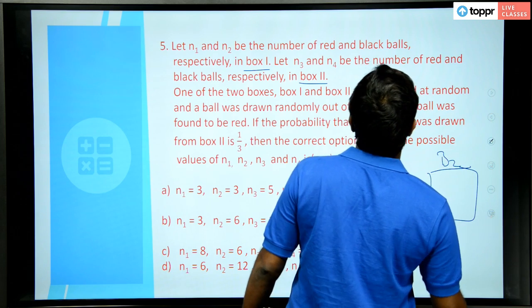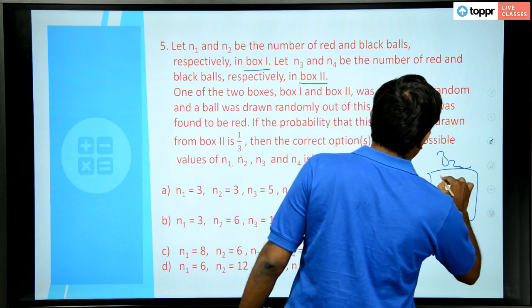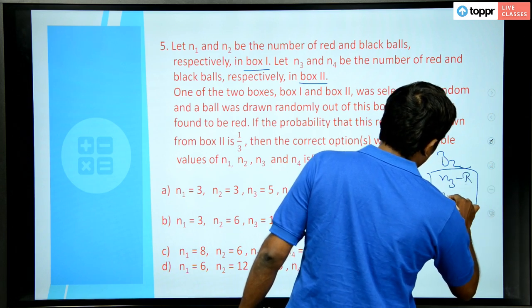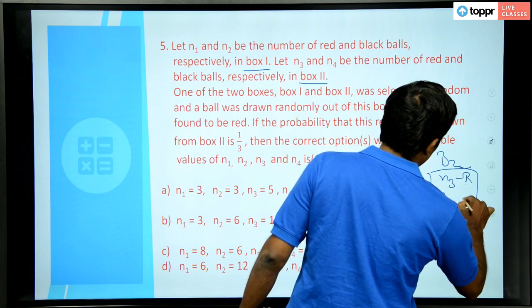Here n3 and n4 are the number of red balls and black balls: n3 red and n4 black.